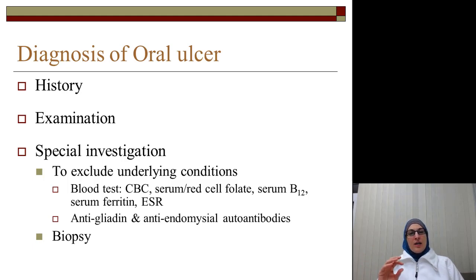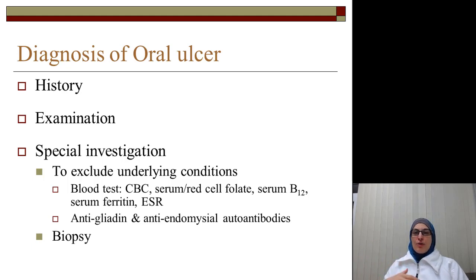So the patient would have antibodies against gliadin, which is the antigen present in the wheat. So I would do this test if I am suspecting the presence of GI problems or celiac disease. A biopsy is usually taken for an ulcer that is persistent or chronic.